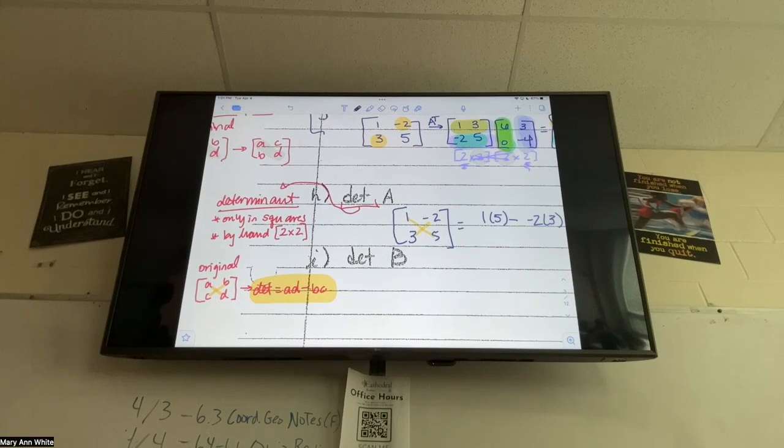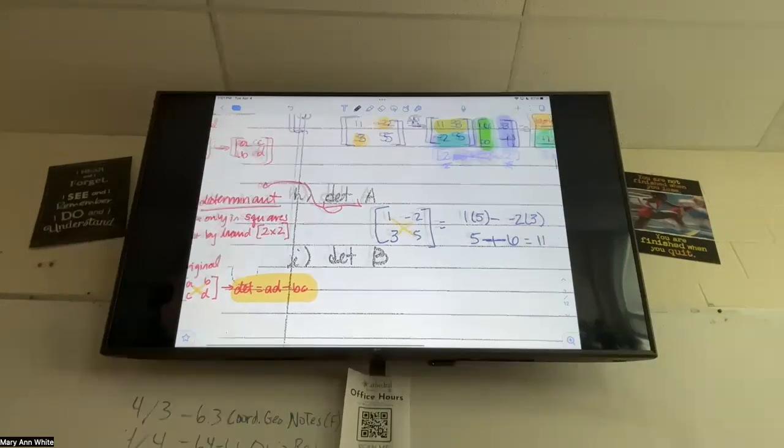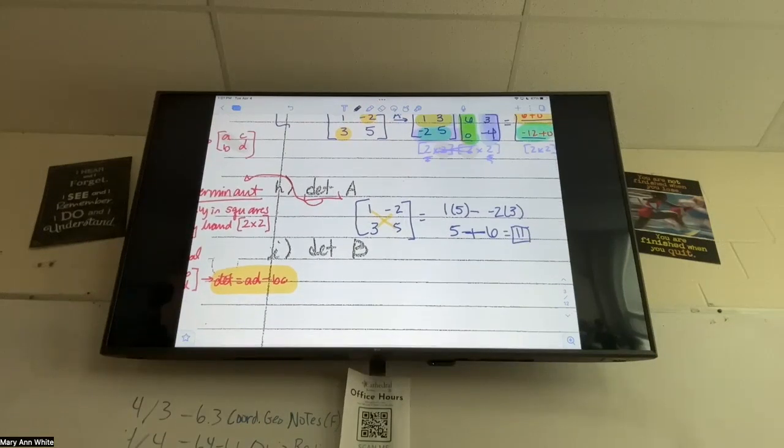Are you guys okay with that? All right, 1 times 5 is 5. Minus -2 times 3 is -6. What's 5 minus -6? +11. See how that's just one number? It's not a matrix, it's nothing crazy, it's just one number.